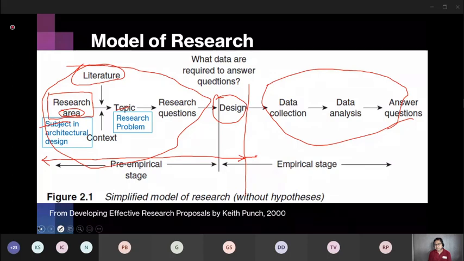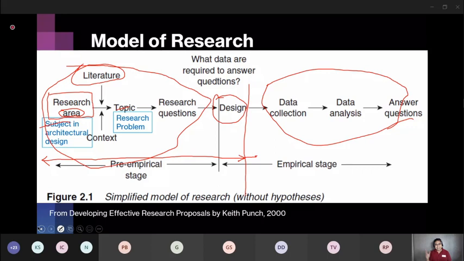So when you talk of, for example, acoustic problems, something that has to do with noise, and how well the lecture is being understood, the signal, it's very important to know the context of where this is happening. Is it in the elementary school or is it in the college level?